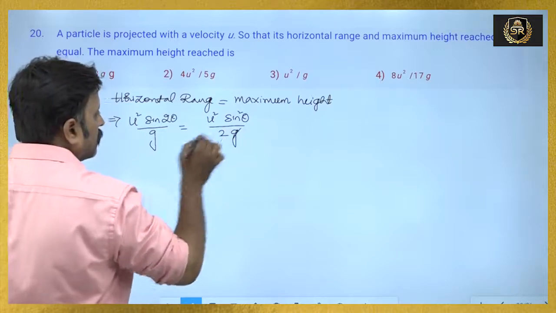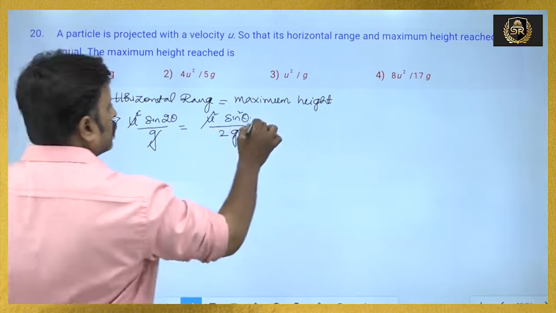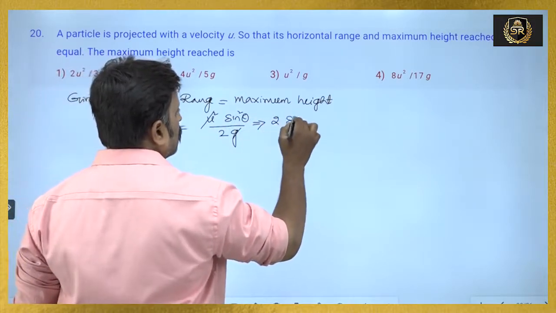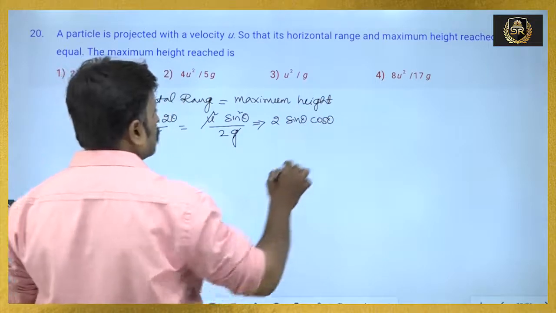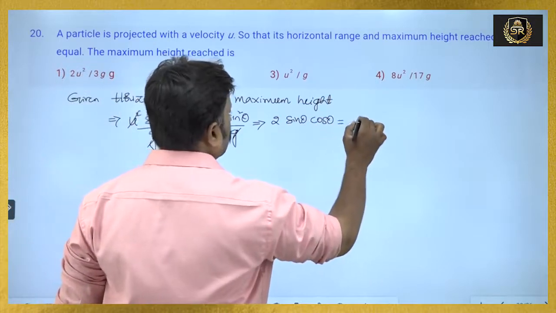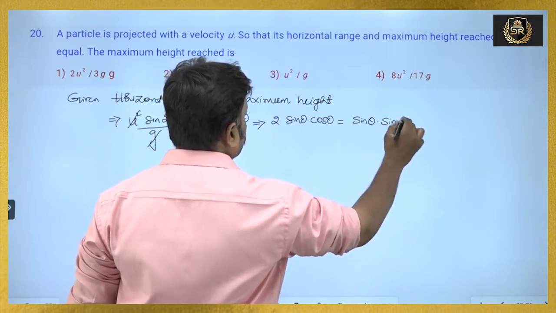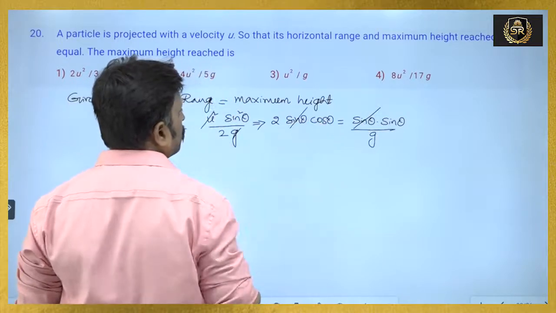See, g you can cancel, u square you can cancel. I can write sin 2 theta as 2 sin theta cos theta, is equal to sin theta into sin theta by 2. One sin you can cancel.